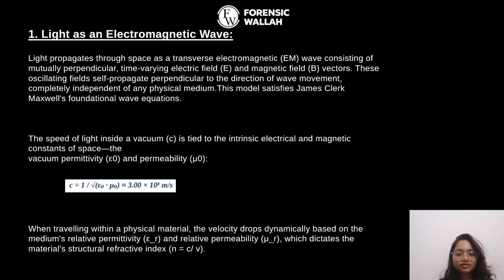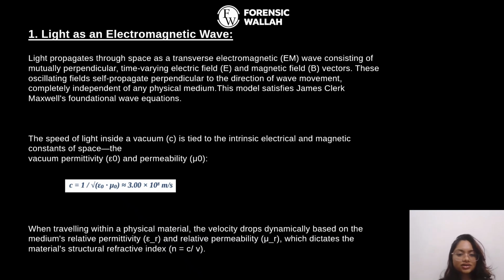Now let us begin with the basic optics by defining what light actually is. So, light propagates through the vacuum of space as a transverse electromagnetic wave. When we say transverse, it means that the oscillations occur perpendicular to the direction of the wave's travel.